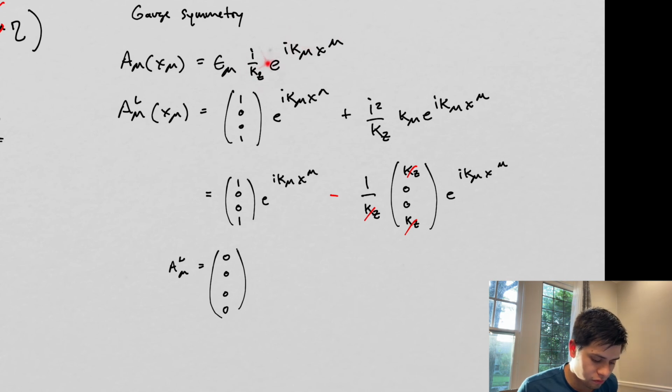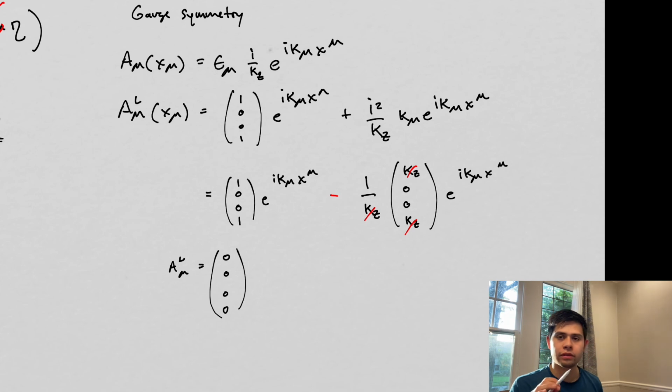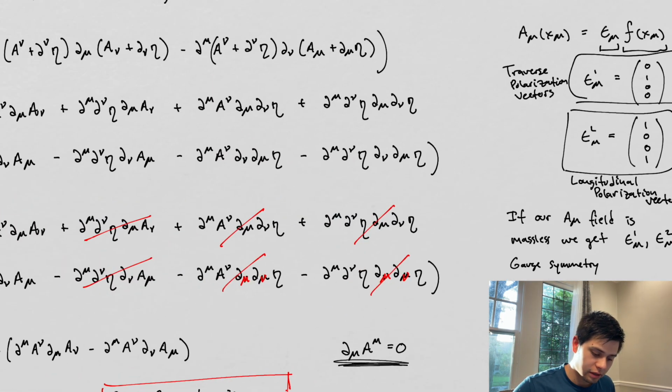This seems arbitrary, but this means that we've come up with a 4 potential vector, and all the components will go to 0 in the longitudinal direction, right? So that is all fine and good.